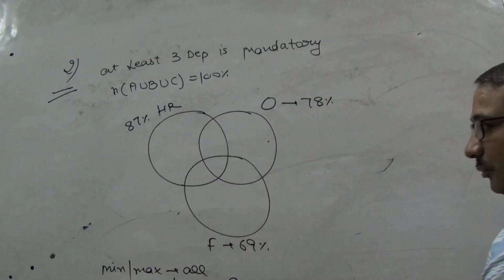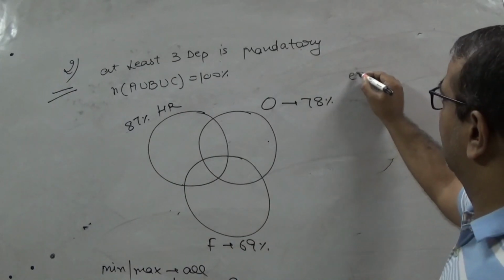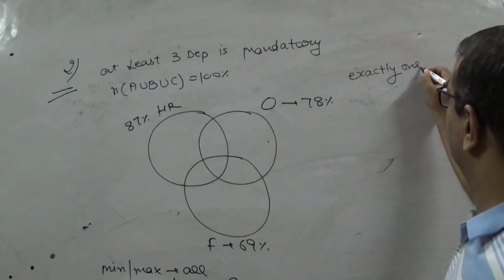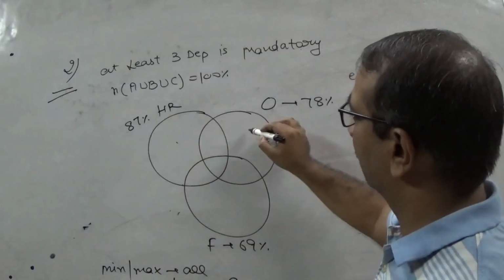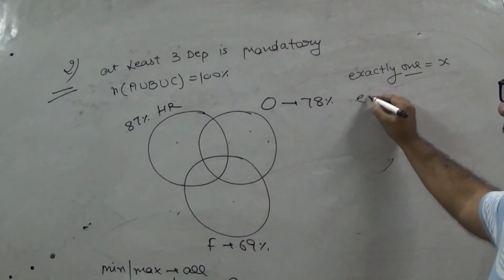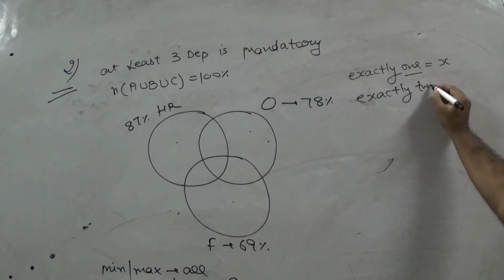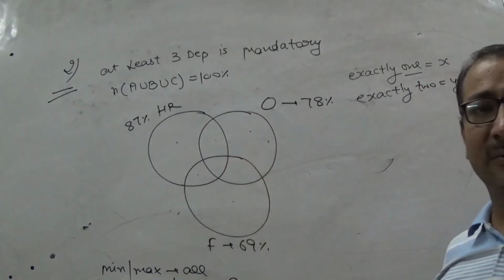So what we can assume in these types of questions: let us say persons working in exactly one department, this is equal to x, meaning the sum of those sections is x, okay? Then we assume the number of persons working in exactly two departments is equal to y, meaning this plus this sum is y.